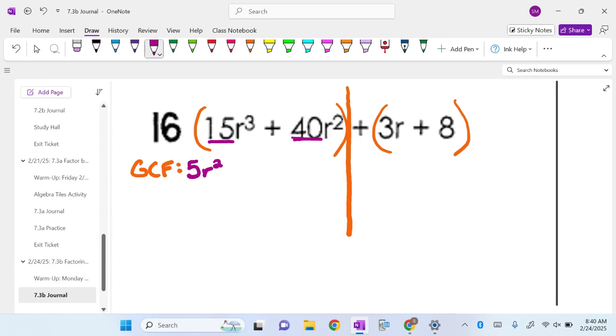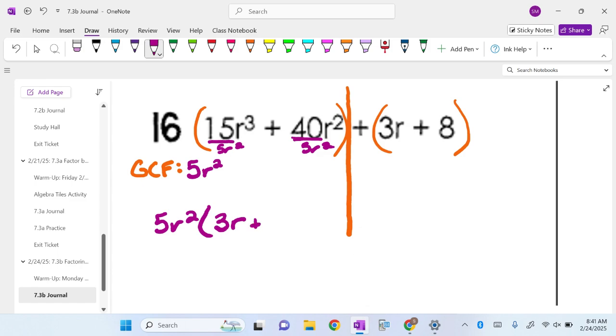So if we divide both of these terms by 5r squared, we got 5r squared out here. What's 15 divided by 5? 3. What's r cubed divided by r squared? How many r's would you be left with? 1.